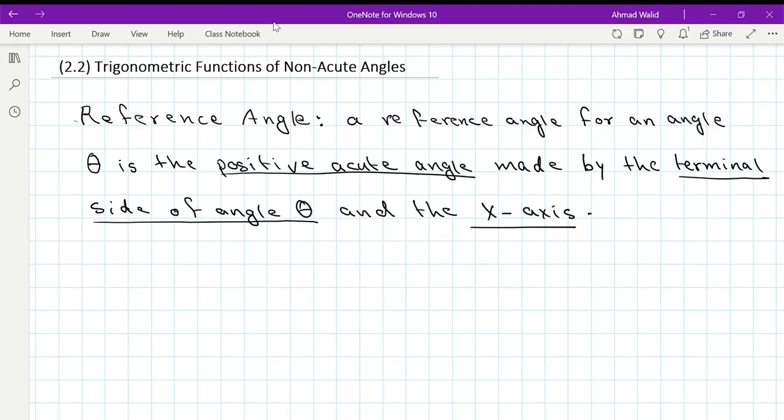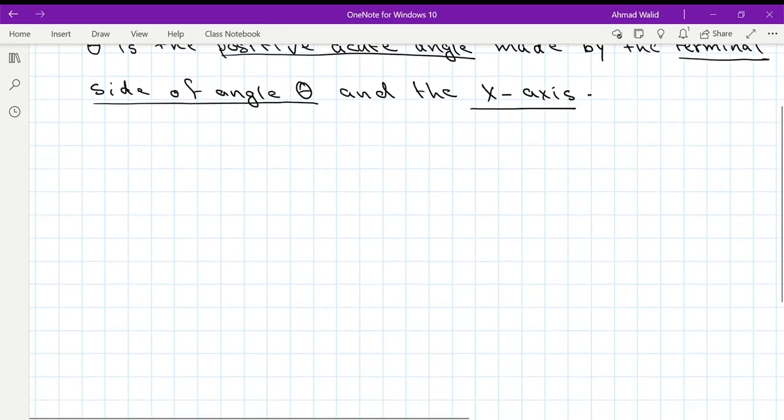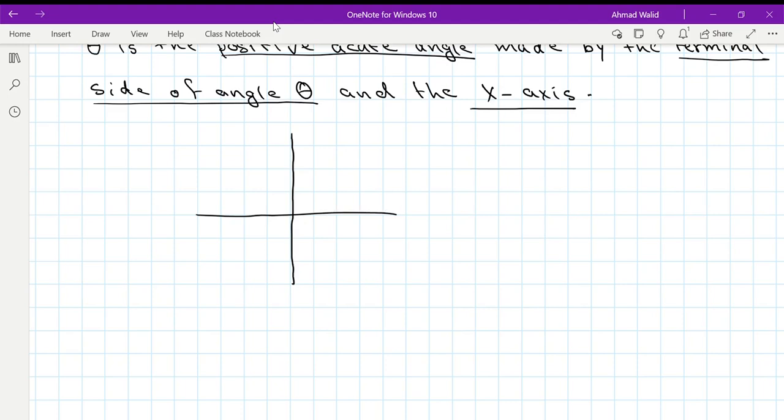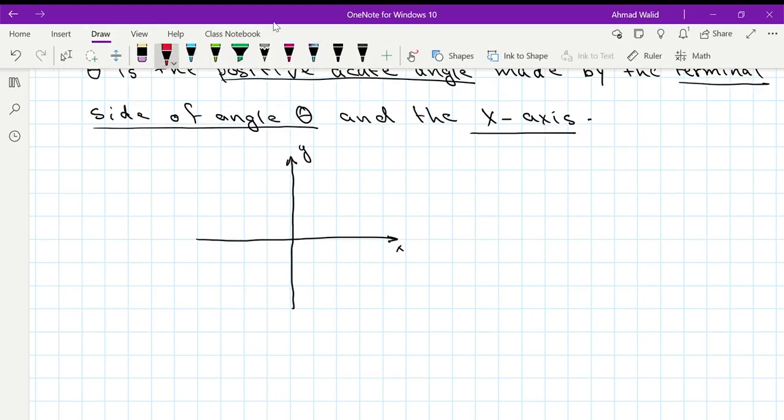What is a reference angle? Let's see it in a picture. If I have an angle theta, let me draw an angle theta in standard position. This is the xy plane. This is your x-axis and this is the y-axis. Let me draw, for example, this angle. This is the terminal side. This is the initial side, correct?